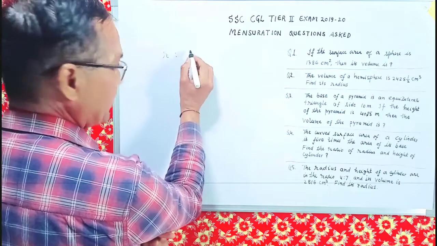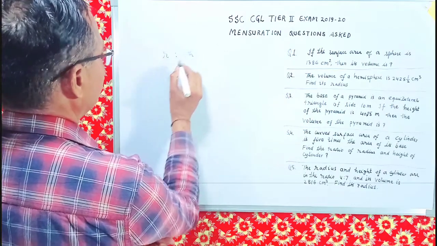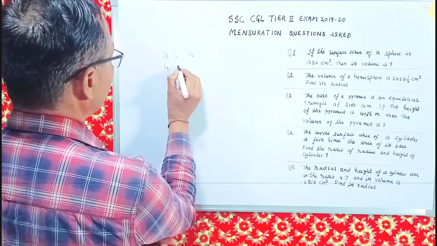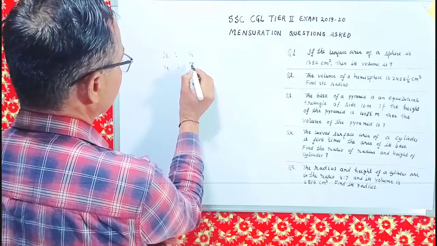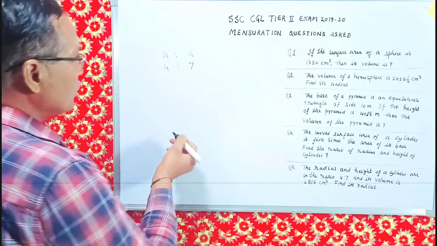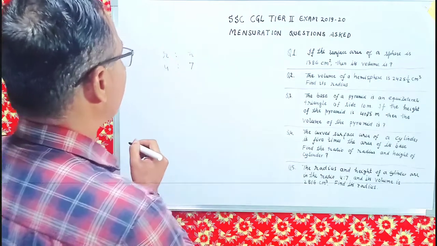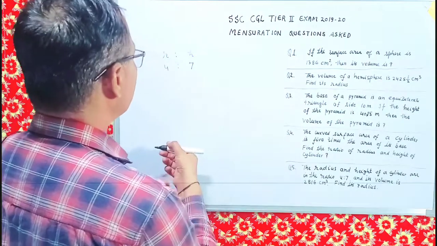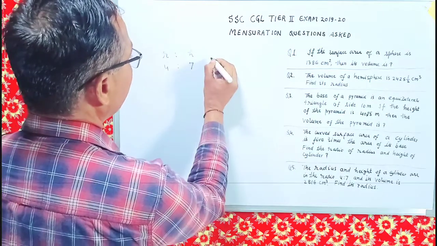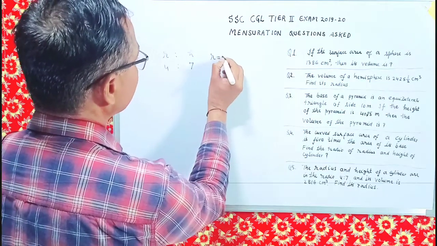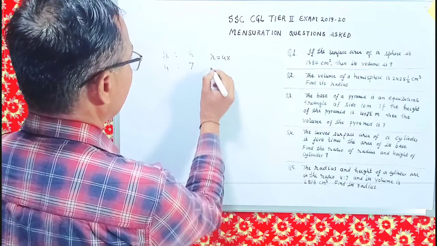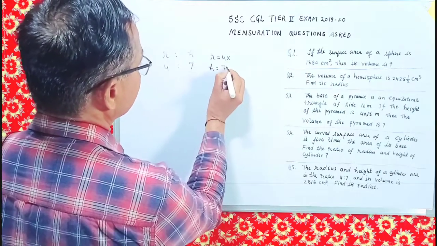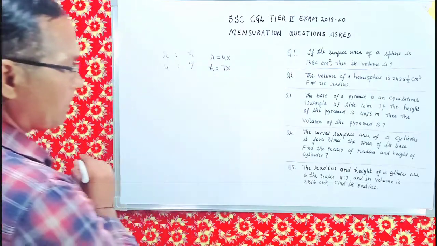So radius ratio height. Radius is 4 and height is 7. So once the values are in the ratio and we are taking the values separately, then we have to write here radius as 4x and height as 7x.